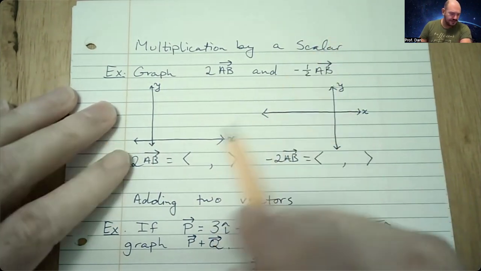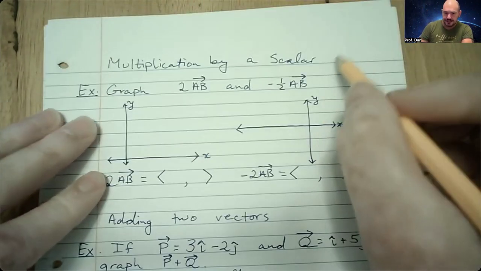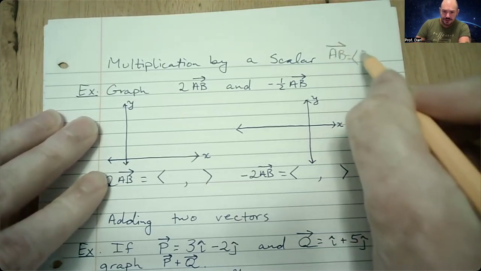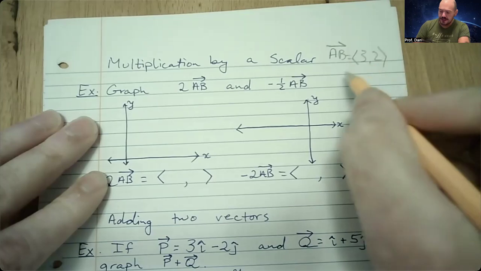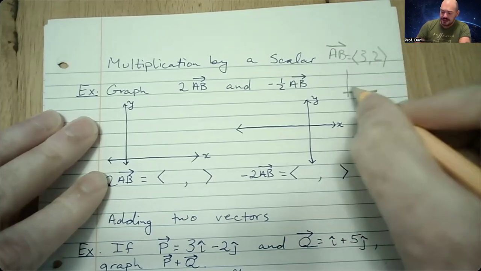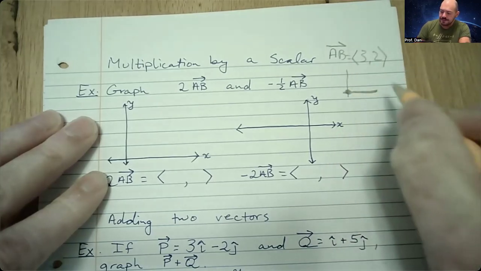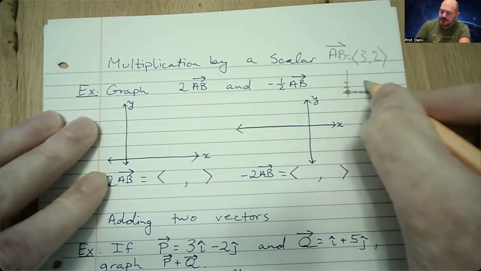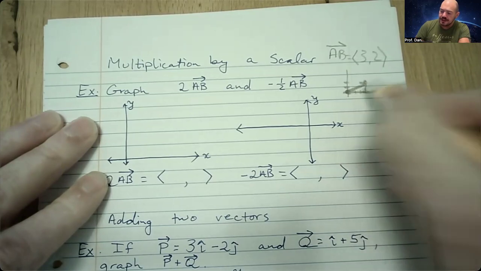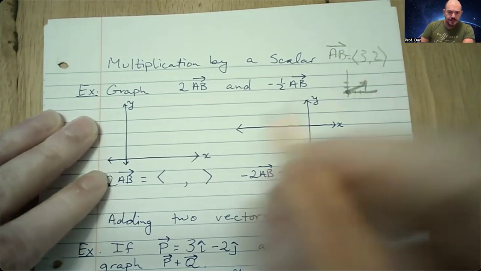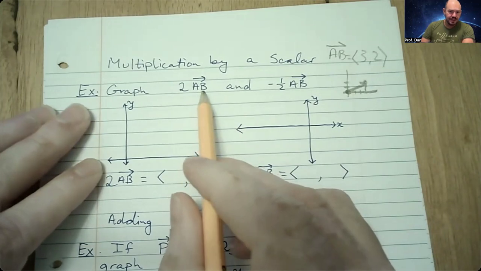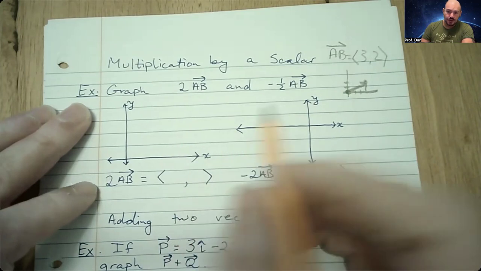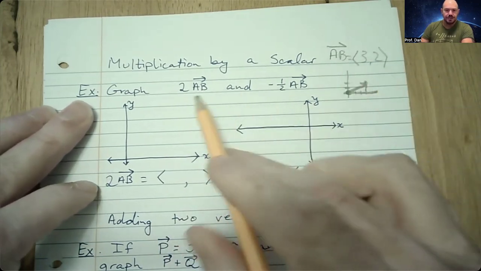So just to remind us, the original vector AB is 3, 2. And if I were to graph AB, I could start at the origin. I could go over 3 units, I could go up 2 units, get to my terminal point, and this represents AB. So if I were to multiply the vector AB by 2, I would get another vector, specifically one where these components are each doubled.